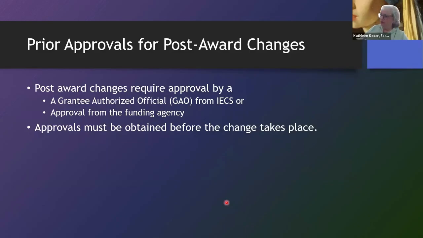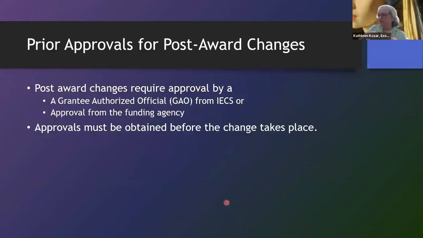There are times when a central office, like mine here at Tulane, or the authorized official office at an institution, for example, can make approvals for certain changes to budgets and other activities.